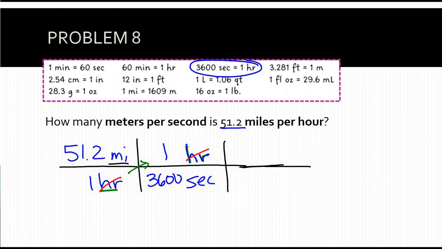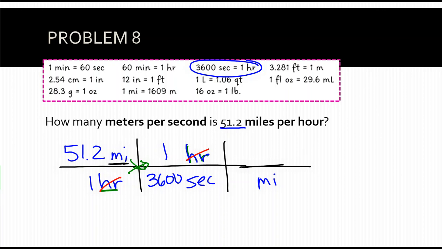So where is miles? Miles is up top, so where do we need to put that? That needs to go down. How come it didn't go to the first one? How come it went to the last one? Because we decided to convert the hours first. So whichever one you pick first, it doesn't matter which order it goes in, because it will still cancel. So we put the miles down here.